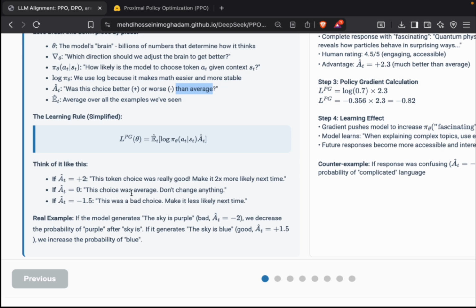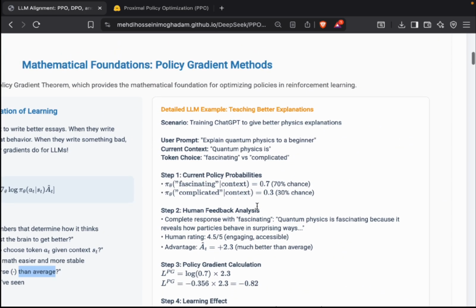Or if it is 0, I don't have any preference, just do as you do and don't change anything. But if it is negative, that was, for example, a grammatical error or dictation error, so try to avoid it next time. That would be an analogy for it.